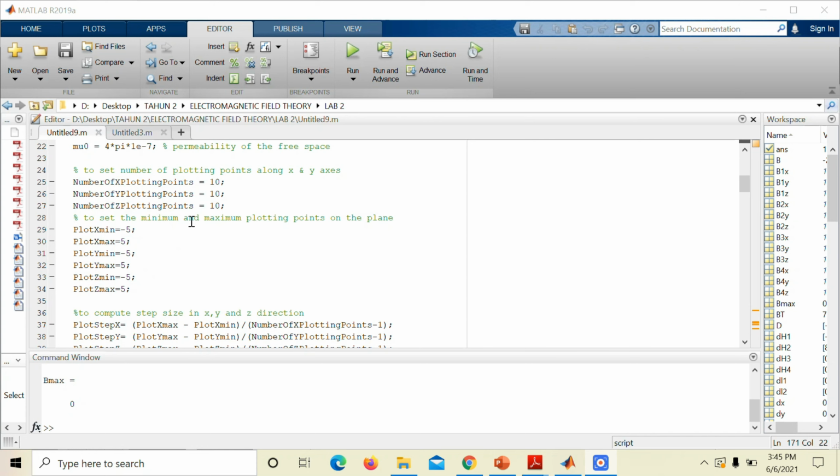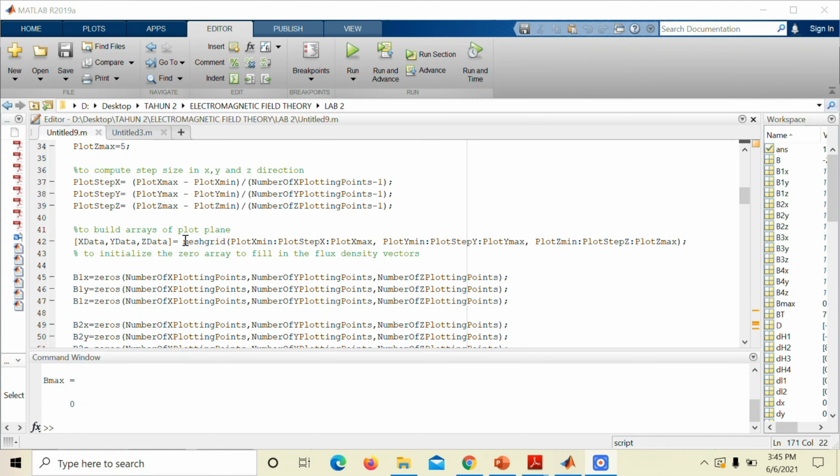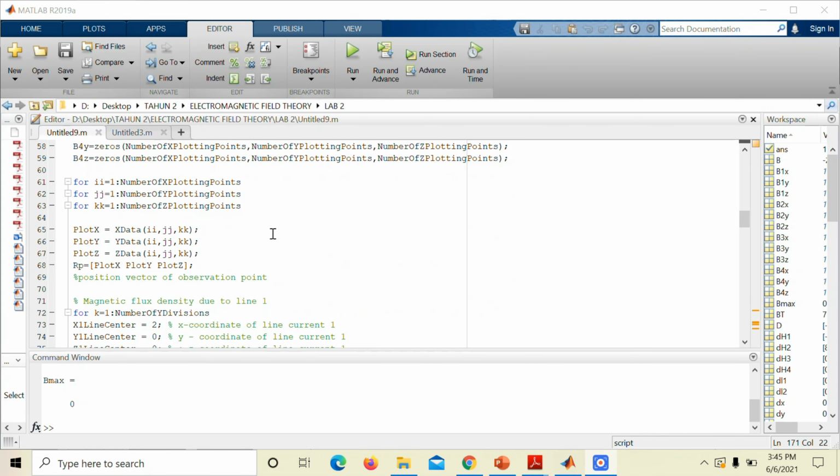And then we also have to set the minimum and maximum floating points on the plane, which start from -5 until 5. And also we have to compute the step size in X, Y and Z directions.